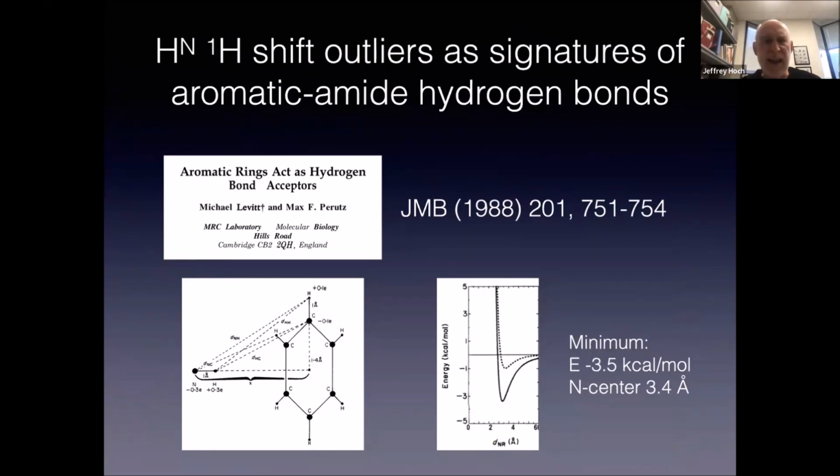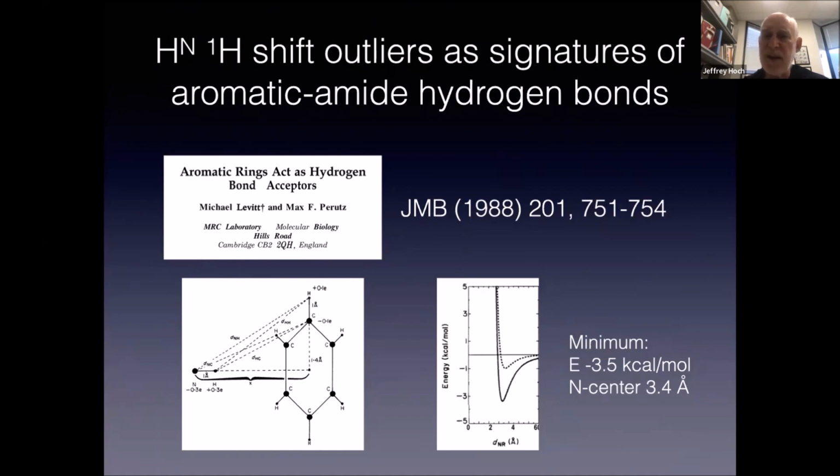So back in 1988, Michael Levitt and Max Perutz posited that hydrogen bonds could form between an amide NH and an aromatic ring. They did an extensive theoretical survey of the quantum mechanical calculations of the potential energy of that interaction, found that it in principle could contribute about 3.5 kilocalories per mole worth of stability, and they pointed to one high resolution crystal structure at the time that suggested that this indeed can be found.